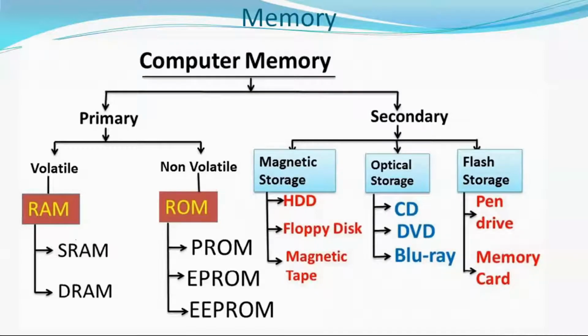Computer memory is normally divided into two: primary memory and secondary memory. This diagram will help you understand how the computer actually manipulates its memory.